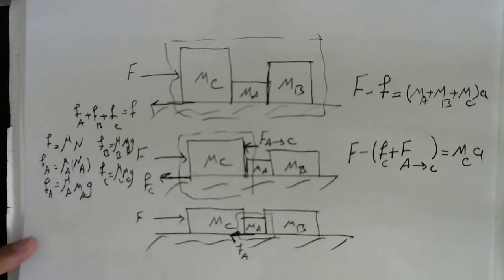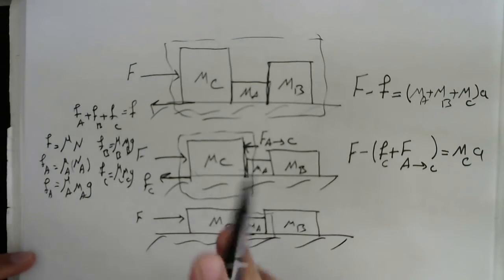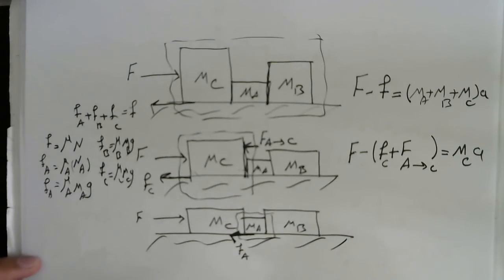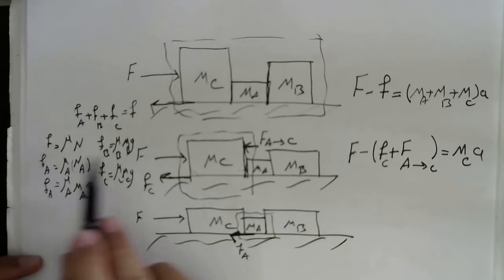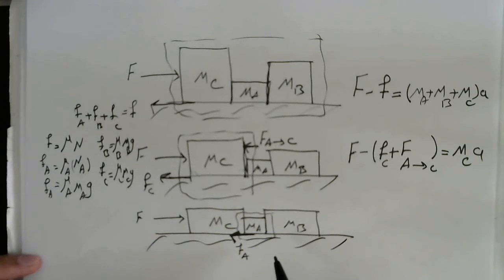This we will discuss in detail later, because it depends on the condition that the system is stationary or is moving. And this frictional coefficient can be kinetic or static. But let's come back to this case where you consider A as your system.